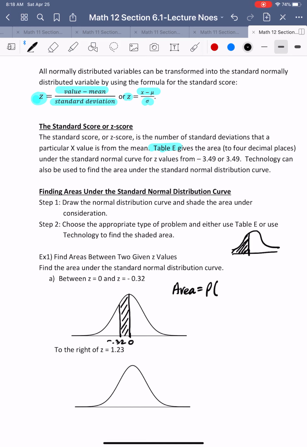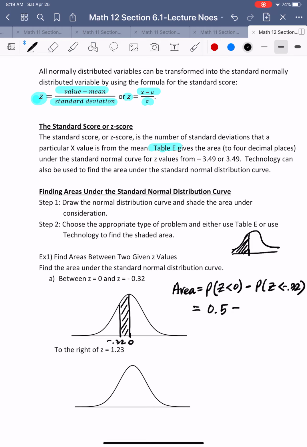So in order to find the area in between, we find P(z < 0) and then subtract P(z < −0.32), and then you get the area between. If you look at the z-score of 0, which is 0.00, it gives you 0.5. The area is also the probability.